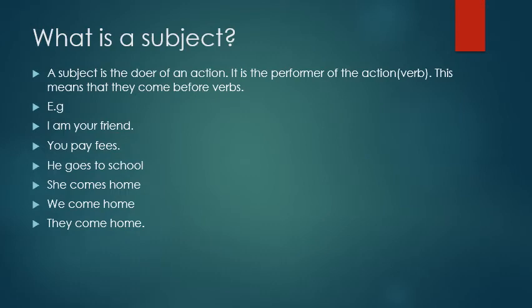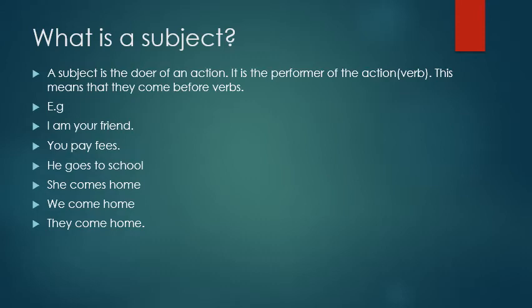What therefore is a subject? A subject is the doer of an action. Remember, it is the performer of the action, which means the verb. This means that they come before verbs. For example, I am. You pay.